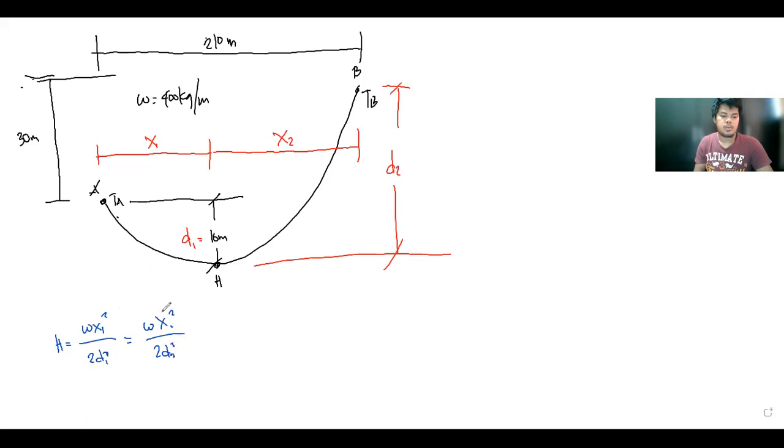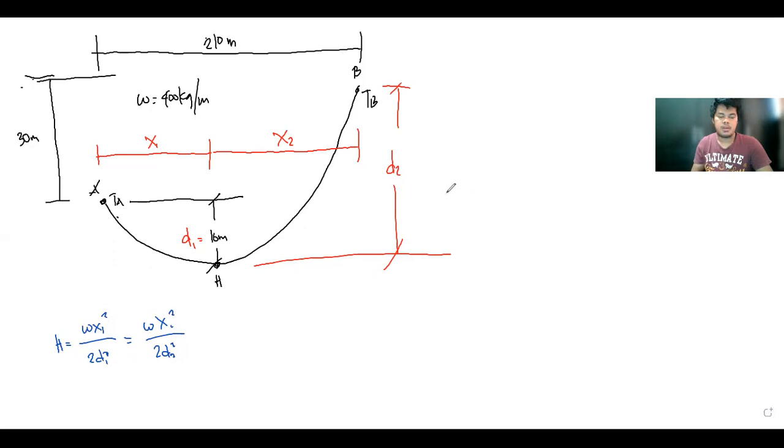Okay, so we are being asked to calculate for H, right? But only if we have x1, then we can calculate H. We also do not have x2, and we also do not have d2.